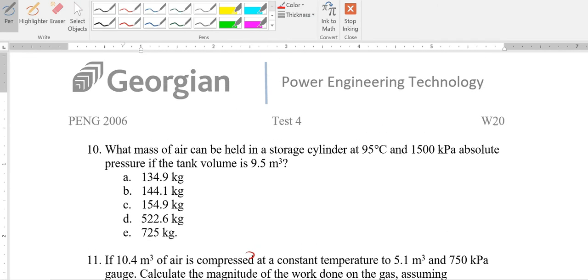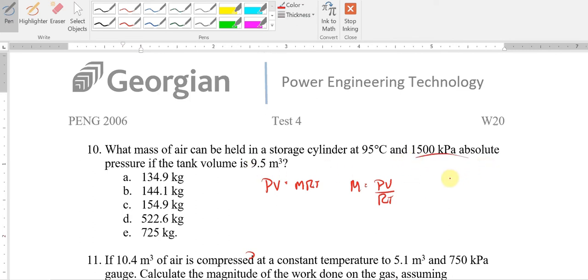And question number 10. What mass of air can be held in a storage cylinder? Well, PV equals MRT. M equals PV over RT. Make sure we get this right.